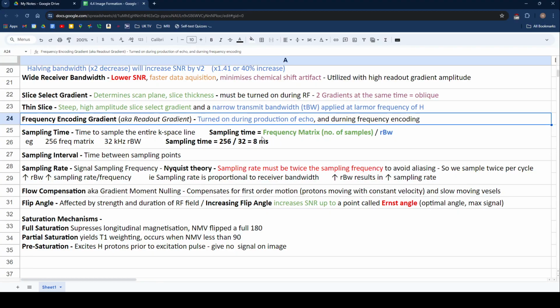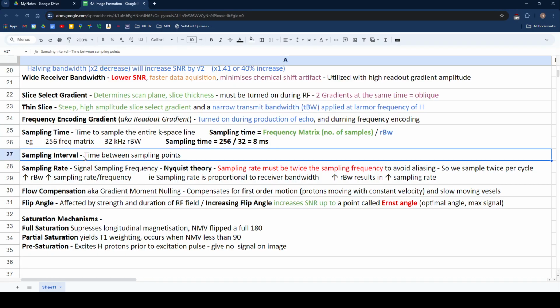Sampling time equals your frequency matrix, number of samples, divided by receiver bandwidth. So if you have a 256 frequency matrix and a 32 kilohertz receiver bandwidth, you will do 256 divided by 32 to get 8 milliseconds of sampling time. Sampling interval is the time between sampling points.